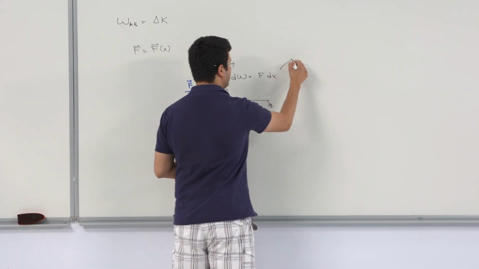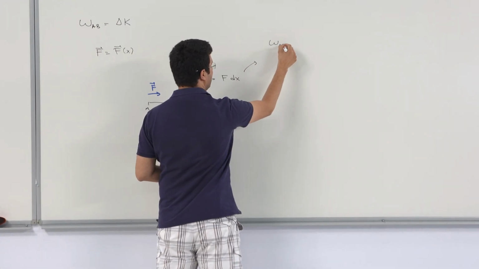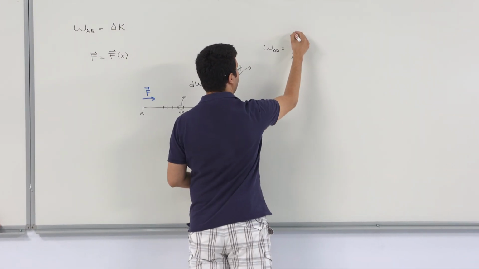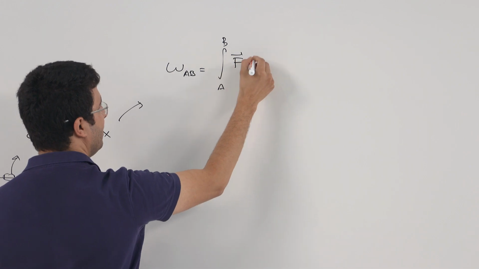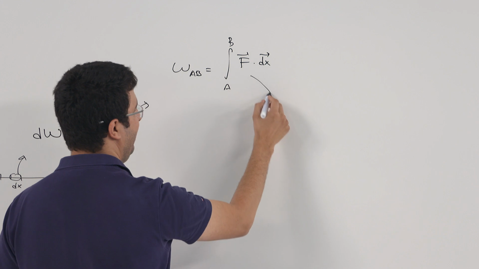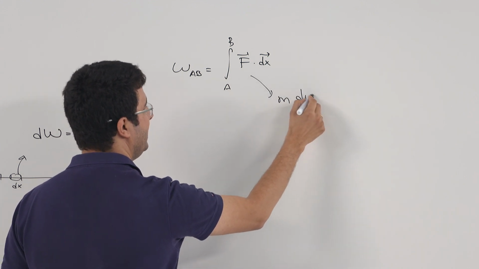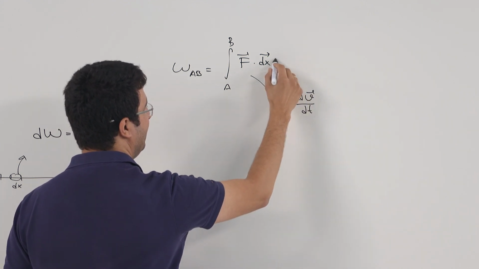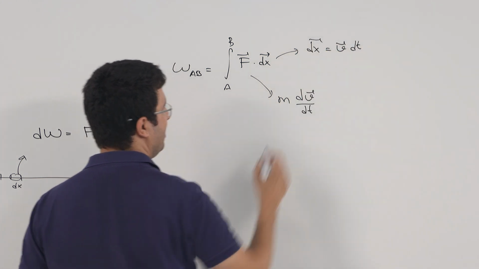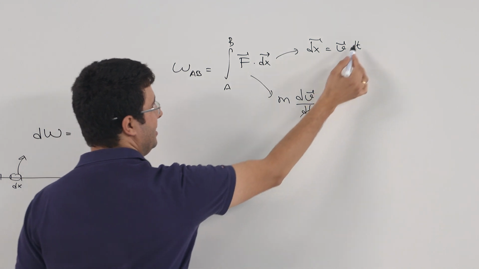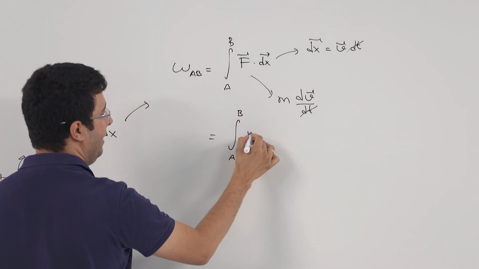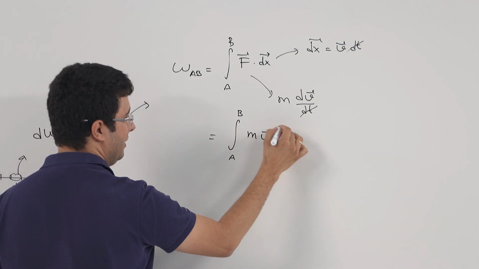Which tells me that the total amount of work that I have to do to take the particle from A to B is simply the integral from A to B of f dx. Well, f is ma, or in other words, m dv divided by dt. And dx, I can write as v dt, which tells me that I can eliminate the dt's, so that the work I have to do is simply the integral of mv dv.